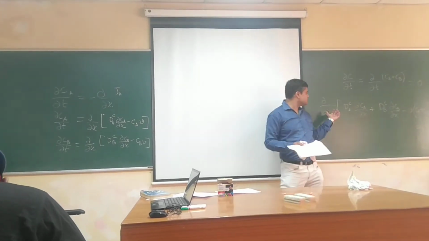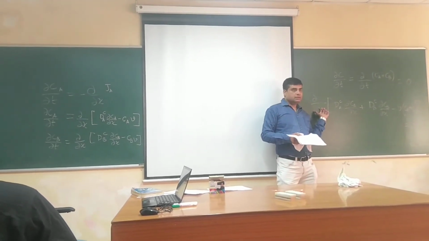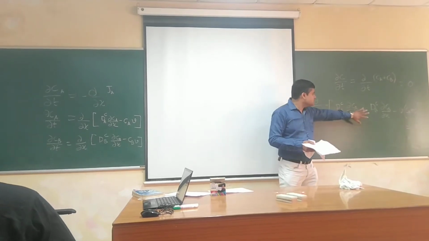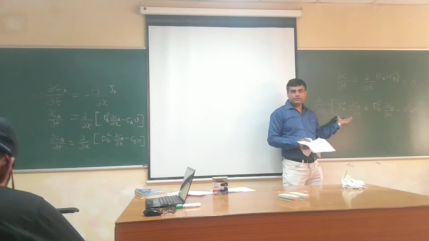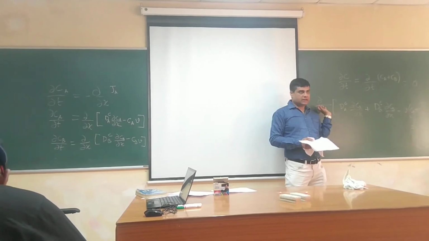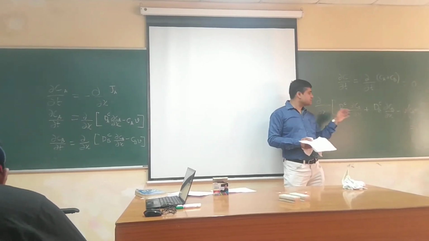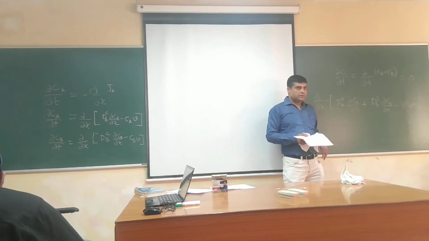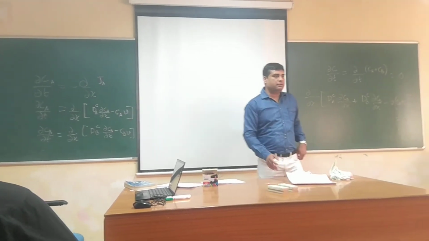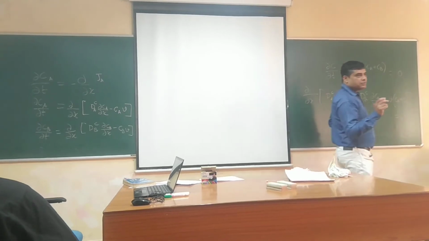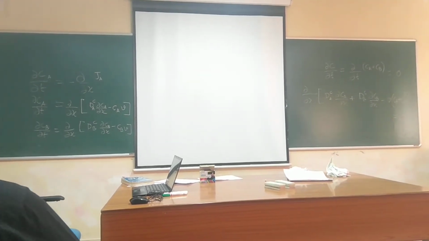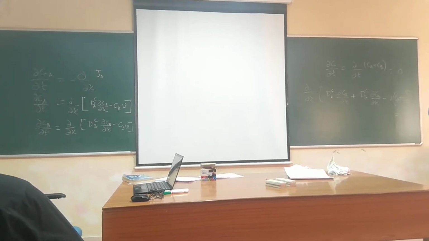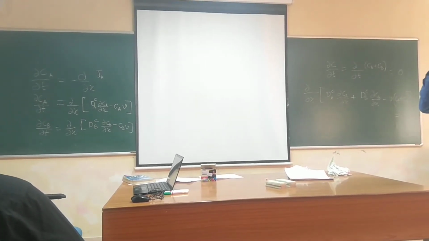So if you take this integral, what is within the bracket should be a constant value. Then only if you take the derivative with respect to x, it will give 0. Now to find out the constant, you use the boundary condition that at x equal to plus minus infinity, which is effectively the end of the diffusion couple, is not affected.